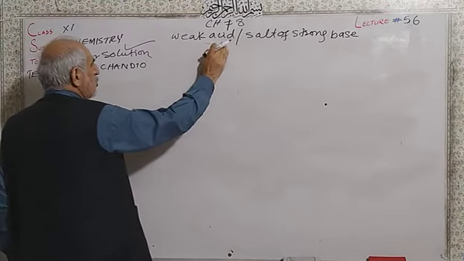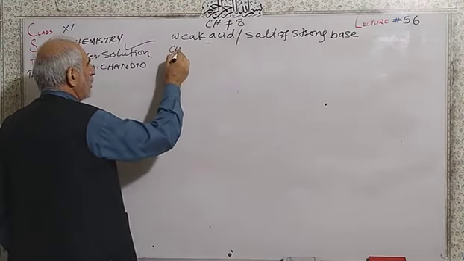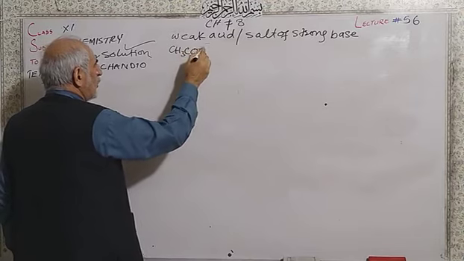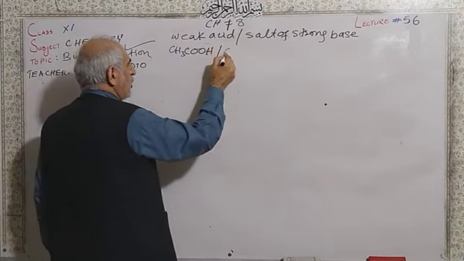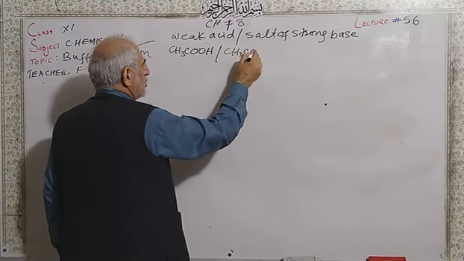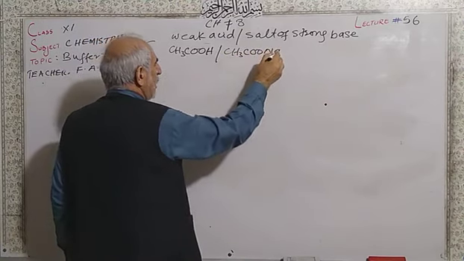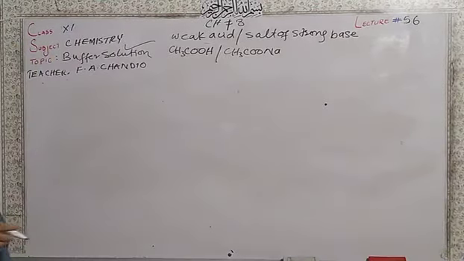When you use a weak acid, the very important buffer solution is acetic acid, a weak acid, with sodium acetate, the salt of a strong base. It is a very common buffer solution. Here there is also a common ion: acetate is the common ion.